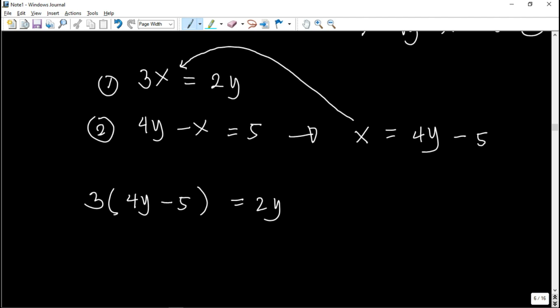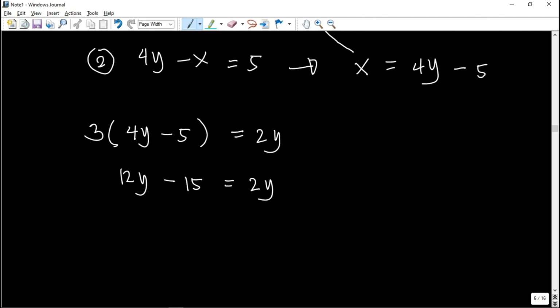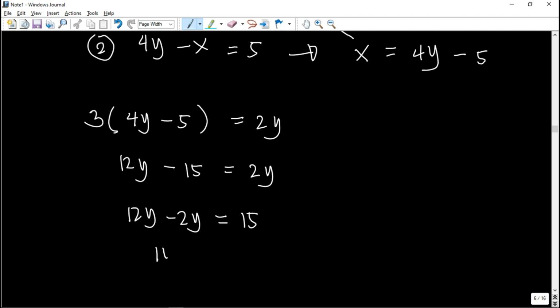So, distribute natin si 3. Okay, 3 times 4, 12. So, 12y minus. So, 3 times negative 5, negative 15. So, equals 2y. Okay, here, 12y minus 2y, that is. So, 12y minus 2y equals 15. Okay, so, we have here 12y minus 2y, 10y equals 15.